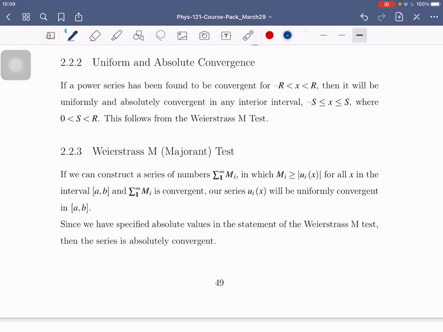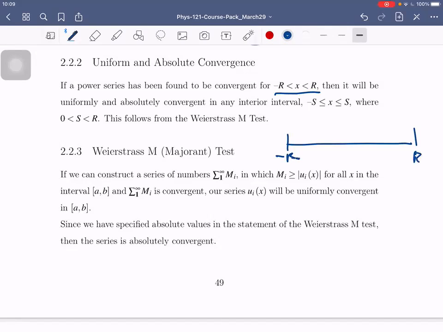So, if a power series has been found to be convergent, so ito na yung interval of convergence niya, then it will be uniformly and absolutely convergent in any interior interval. Let's say negative s to s, okay? Where s is a subset of r. So, halimbawa, meron kang range na ganyan, negative r to r.